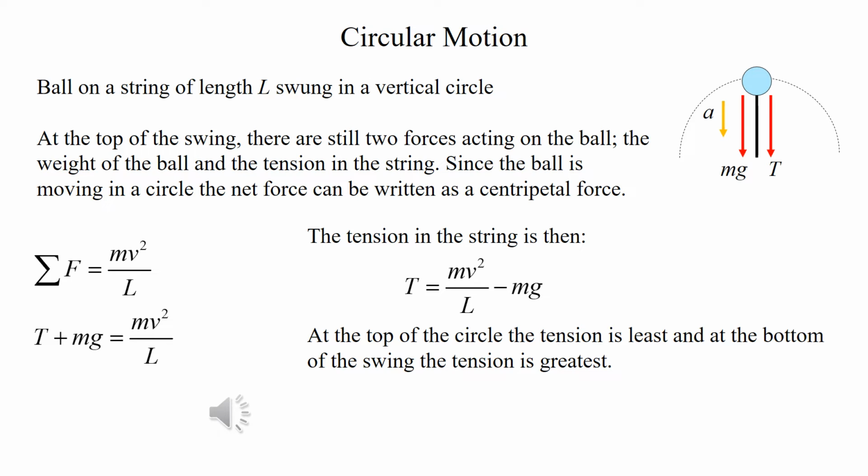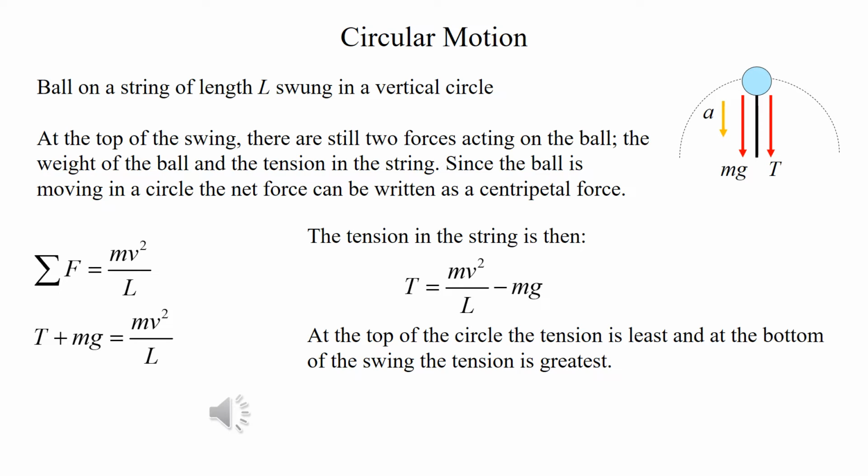So we notice here that at the top of the circle, the tension is less than it is at the bottom of the circle. But also notice that the slower we go, the less the tension is. And also notice here we have the tension equals mv squared over L minus mg.